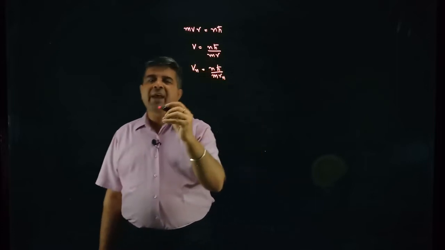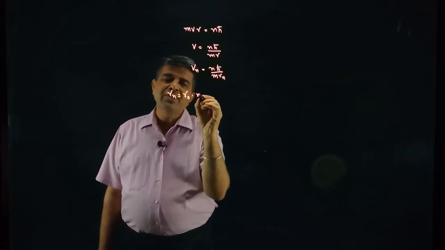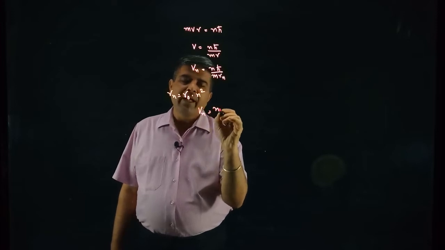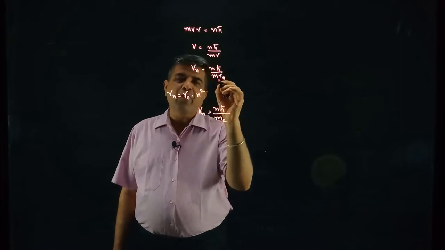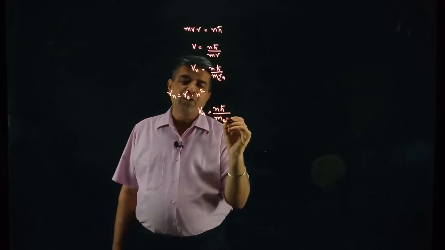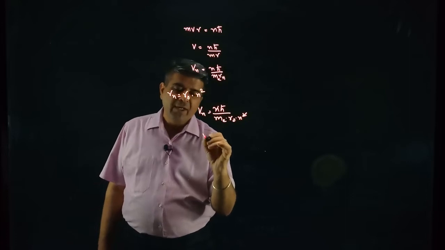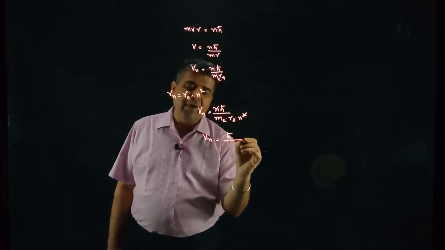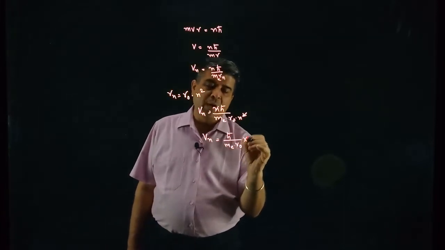As we have calculated, radius for nth orbit is r0 into n square. So now velocity for nth orbit is n h bar over m, that is mass of electron, into r0 into n square. So n cancels with n square, and velocity for nth orbit is given by h bar over mass of electron into Bohr radius r0 into 1 by n.